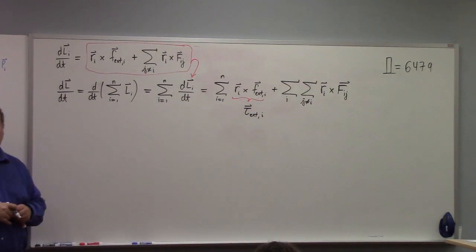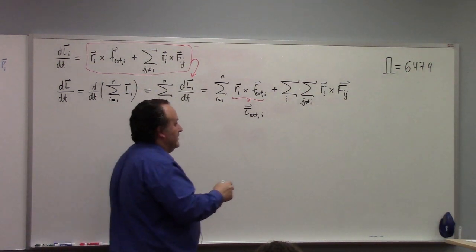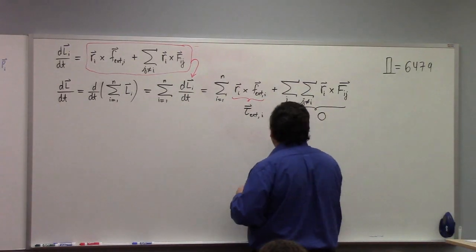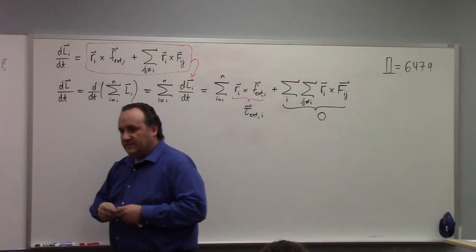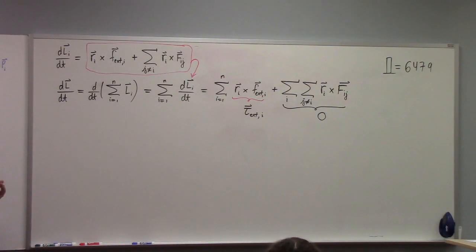Now I'm going to get the projector out here in a second and show you why. But this right here works out to 0 as it happens, because the torque of the ith on the j and the torque of the jth on the i are equal and opposite, and they cancel. And as we add over all possible pairings, that all cancels out to 0.